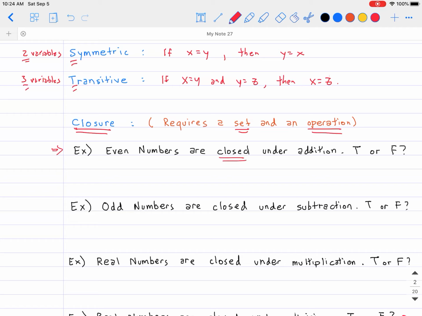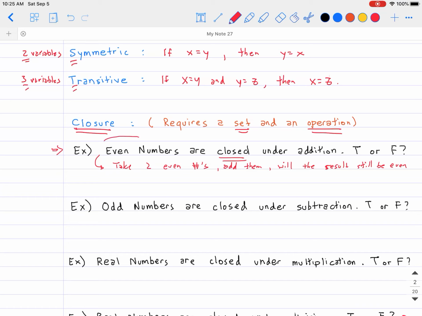What that means, the word closed, because we're looking at closure, is that if you take any two even numbers and add them together, will it still be an even number? Let me repeat it one more time. Take two even numbers, add them, will the result still be even?